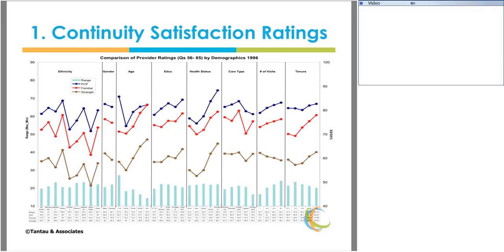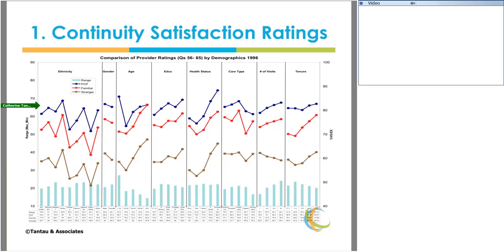And the data was sliced and diced in a number of dimensions: the ethnicity of the patient, their gender, their age, their educational status, their health status, the type of care they were receiving, the number of visits they'd had, and their tenure with the organization. So again, looked at it through a number of dimensions, but the patterns were stunning. They were so consistent across every dimension.